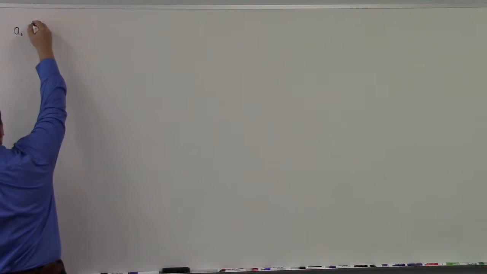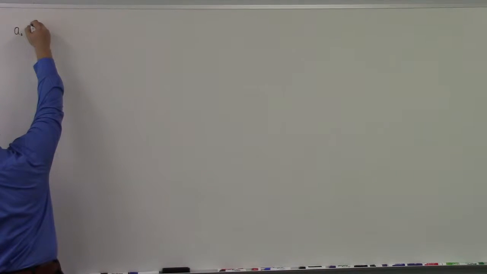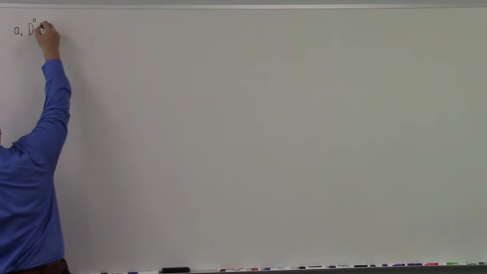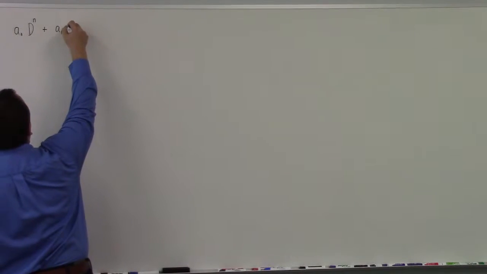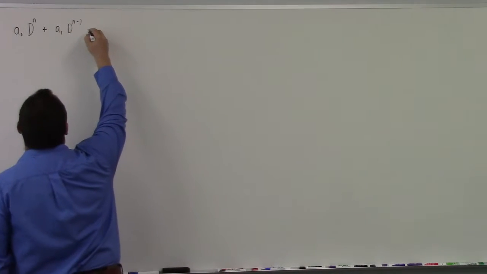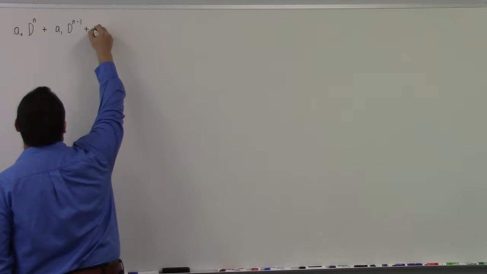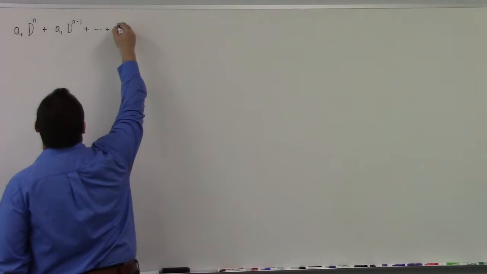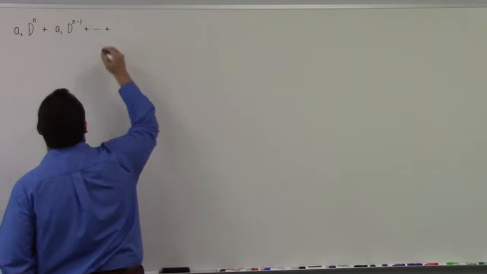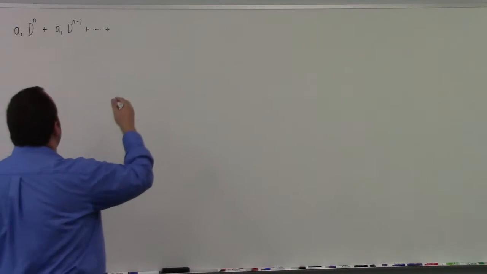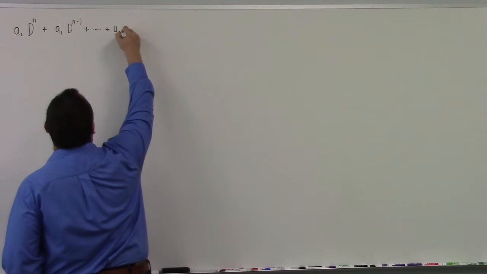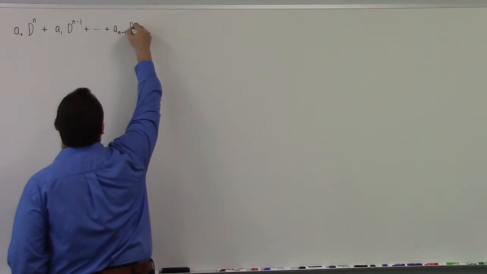So, A naught, the nth power of the differentiation operator, plus A1, the n minus 1th power of the differentiation operator, plus, and so on. How's it go? Make sure I got my numbering right. Sporadically I number these; if you look at different stuff I write, sometimes I'll number these one way, sometimes the other way.